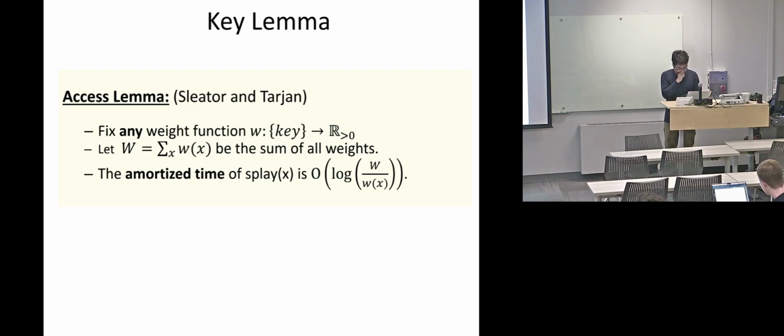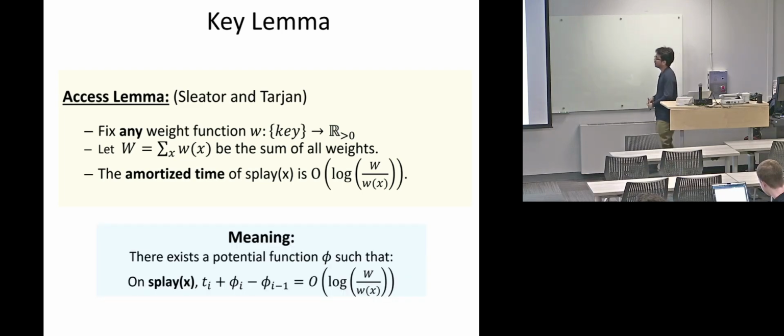All right. So now I will need to prove the lemma. What does it mean to show that the amortized cost is here? Recall that it means I just need to come up with a potential such that the amortized cost, which is the real cost plus the potential change, is this thing.